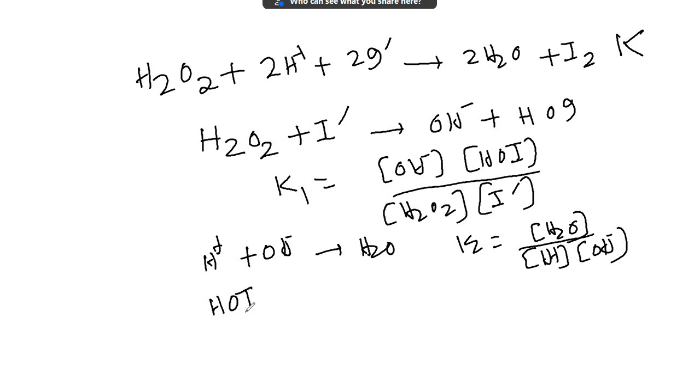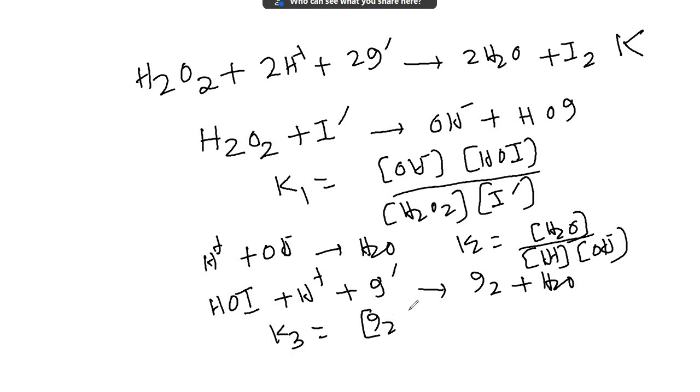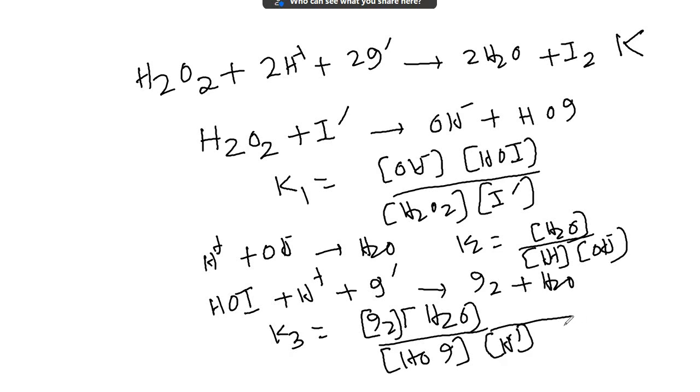Third equation will be HOI plus H+ plus I- gives you I2 plus H2O. In this case, K3 is equal to I2 into H2O over HOI into H+ into I-.